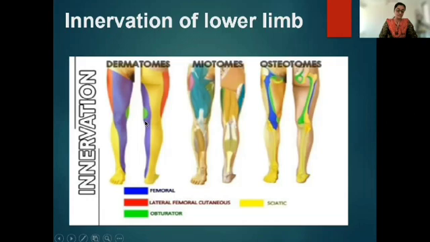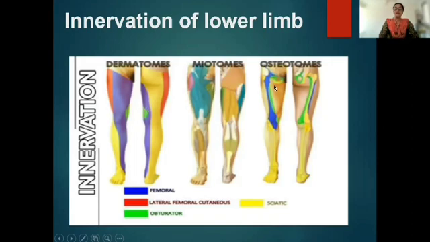The obturator nerve is motor to the hip adductors, and sensory to the skin just above the knee joint medially.